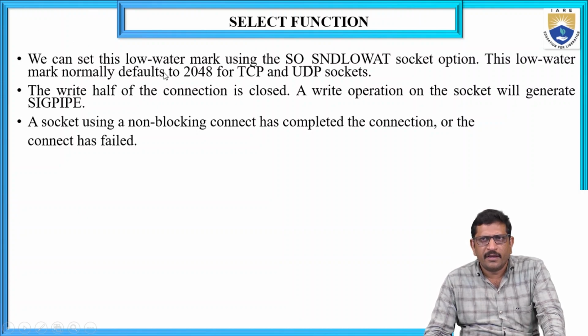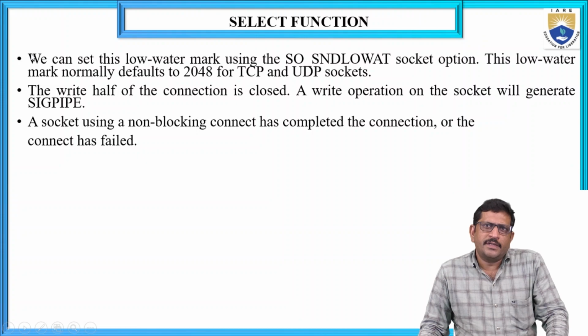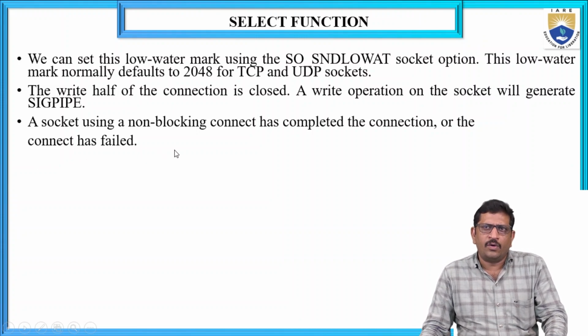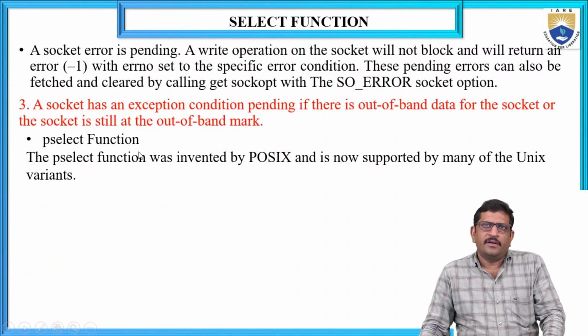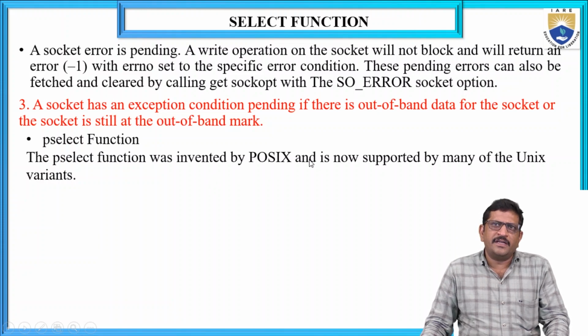That means a write operation on the socket will generate the signal SIGPIPE. Next, a socket using non-blocking connect has completed the connection, or the connection has failed. Connection failed indicates an error, so the SO_ERROR socket option can be raised.